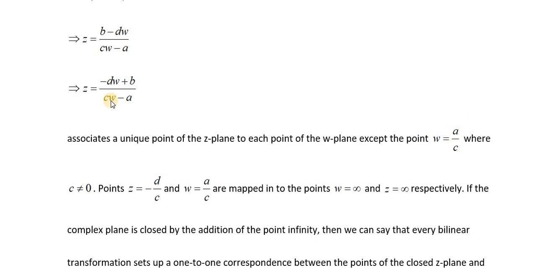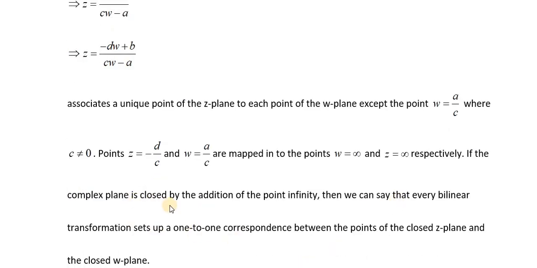When the denominator is 0, the fraction value is infinity. So except this point, all points of the W plane are mapped to the Z plane. So observe that the points Z equal to minus D by C and W equal to A by C are mapped to W equal to infinity and Z equal to infinity respectively. I already explained this point.